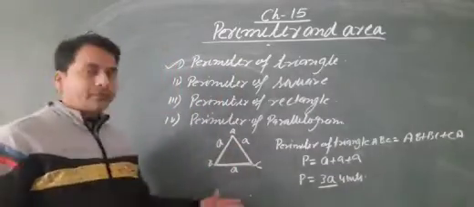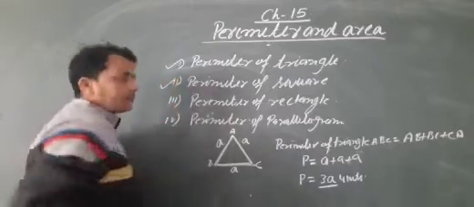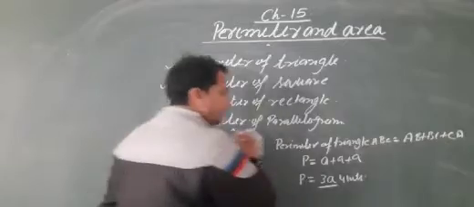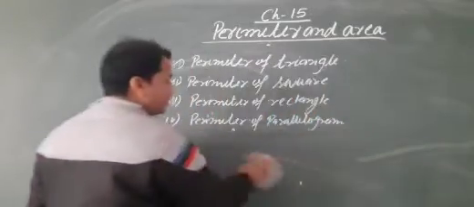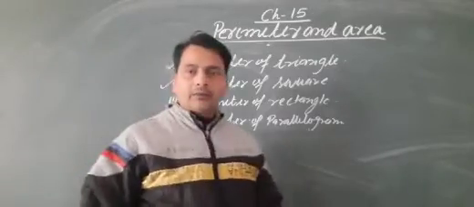Now the second term, the perimeter of a square. A square is a figure bounded by four line segments and all sides are equal.